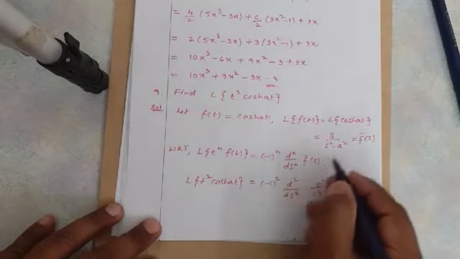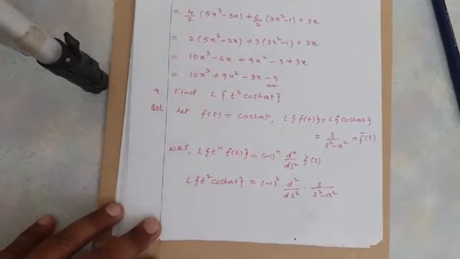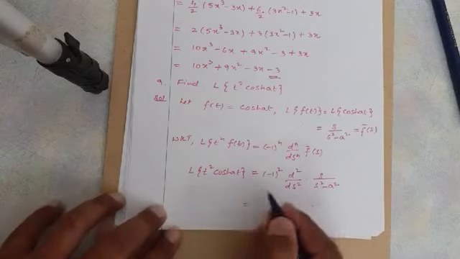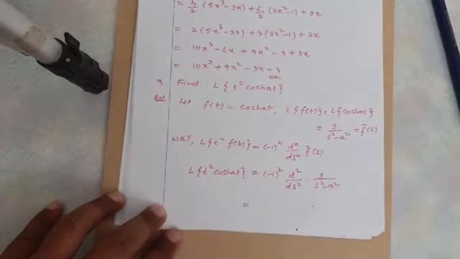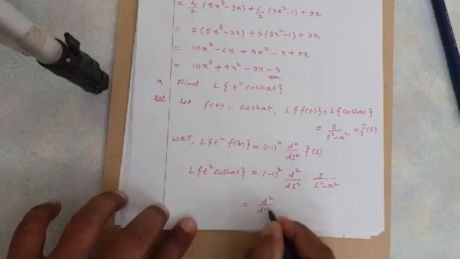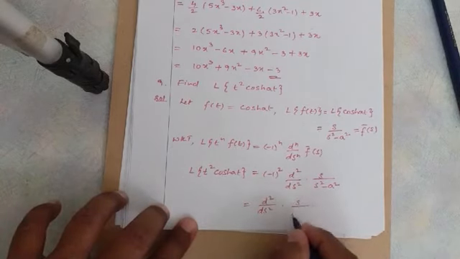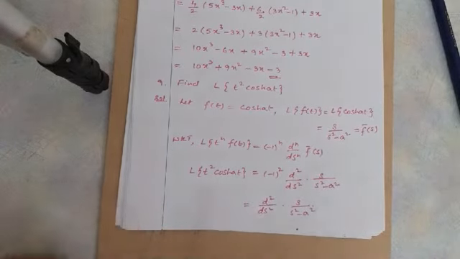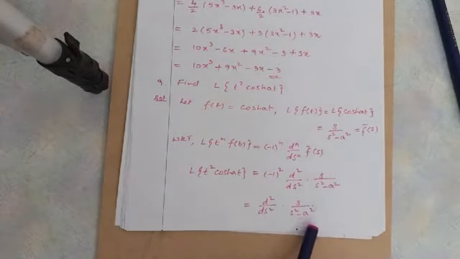For substituting this, we find this one. Now the next step, (-1)^2 is nothing but 1. Then we write d^2/ds^2 of s/(s^2 - a^2). Now we differentiate this function twice.